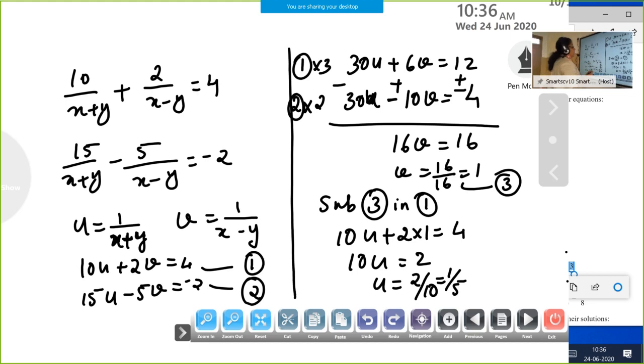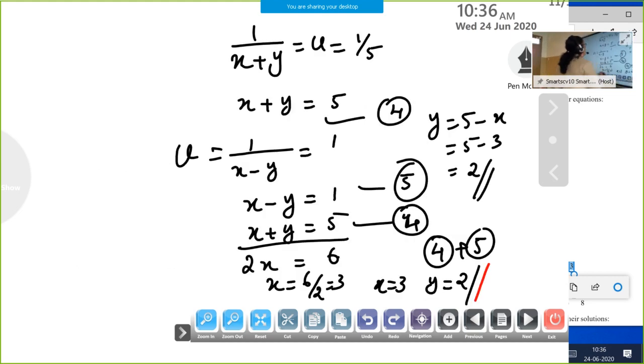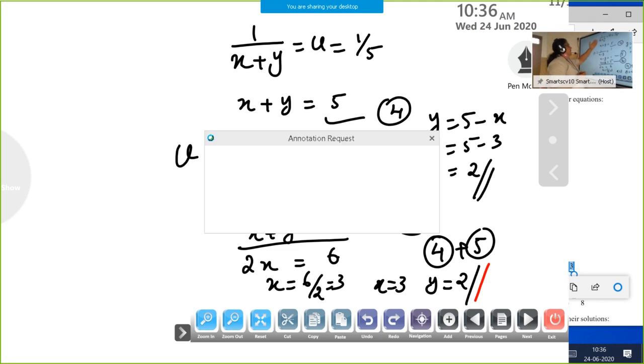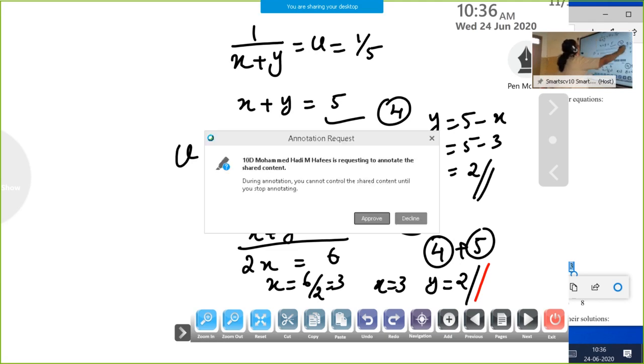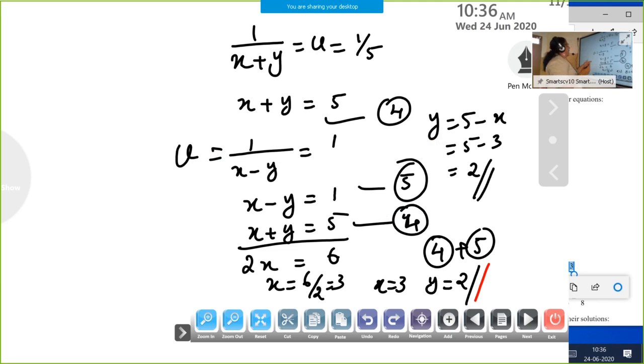Then substituting these values in our substitution, 1 by x plus y is equal to u, that is x plus y is equal to 5, and v is equal to 1 by x minus y is equal to 1, that means x minus y is equal to 1.